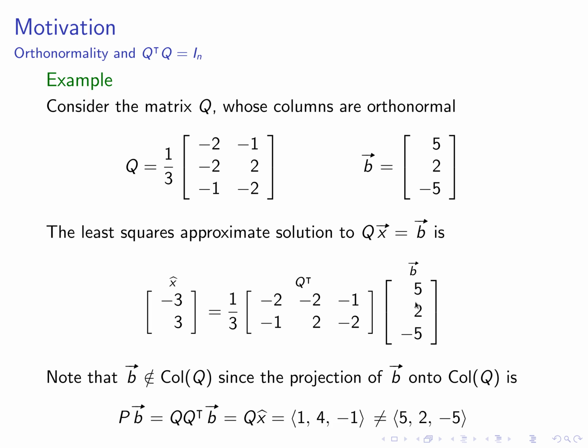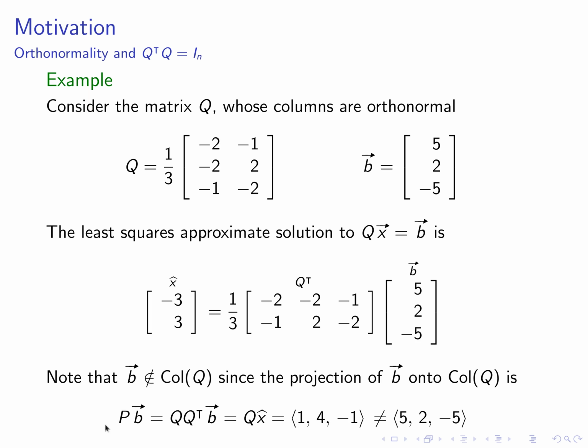Another thing we can do once we know this least squares approximate solution to the system is verify whether or not the system was consistent in the first place by just multiplying by Q. So remember that projection onto the column space of this matrix is easy to do once we know that its columns are orthonormal.